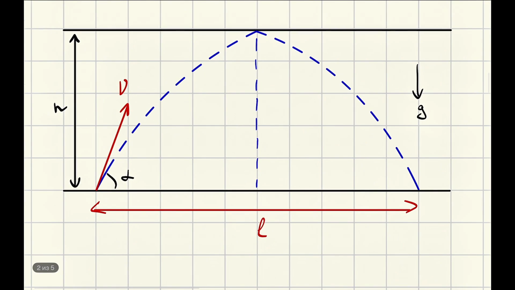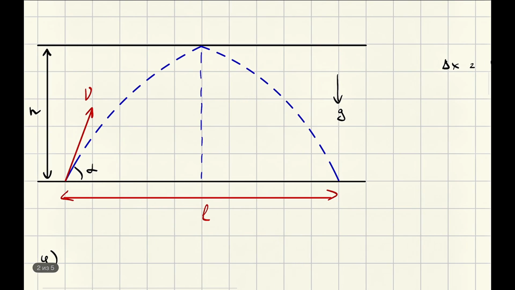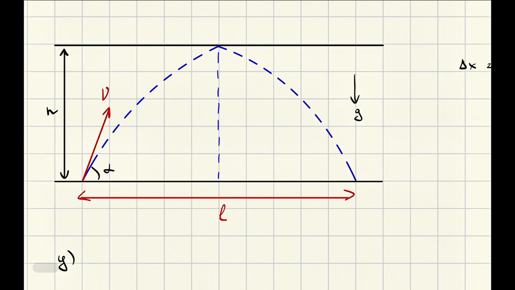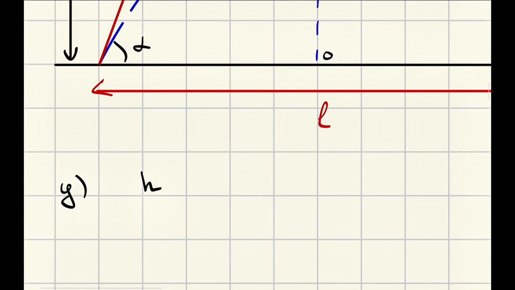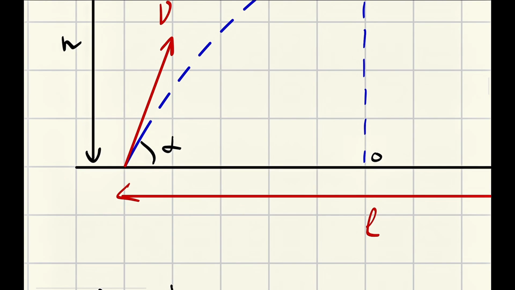We can apply this formula for both situations, horizontally and vertically. Right now, let's try the vertical one. Our change in distance vertically would be the entire height, so it would be h minus 0, which is just h. Our initial velocity has two components.